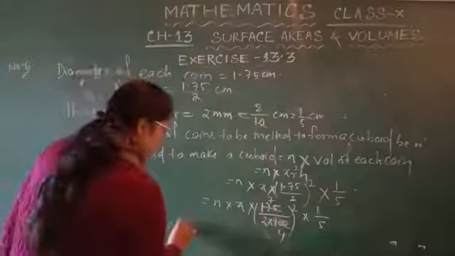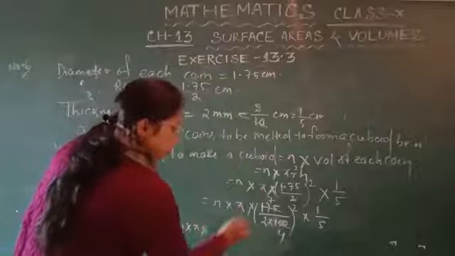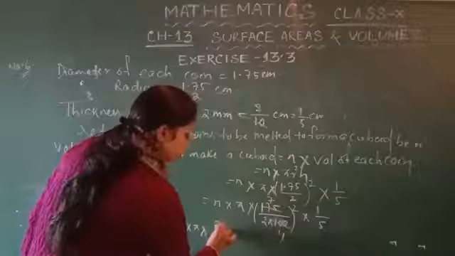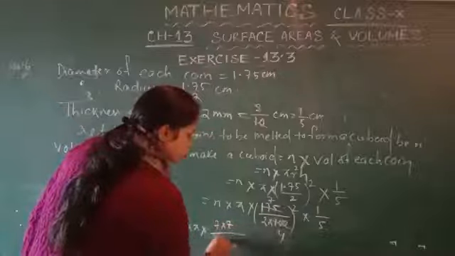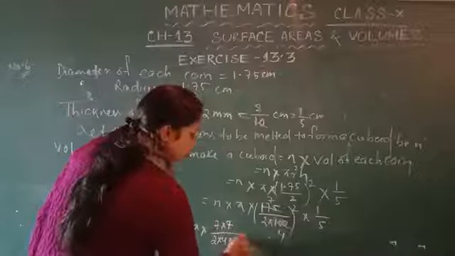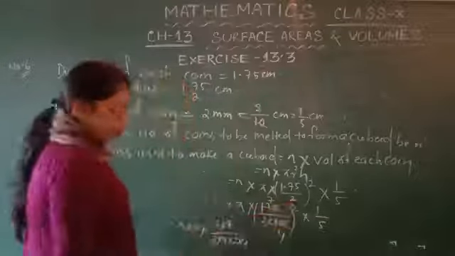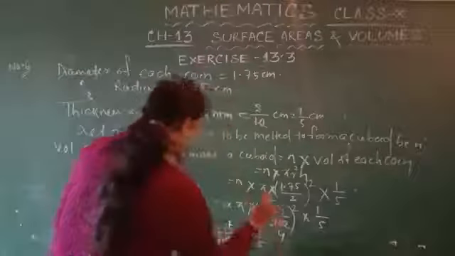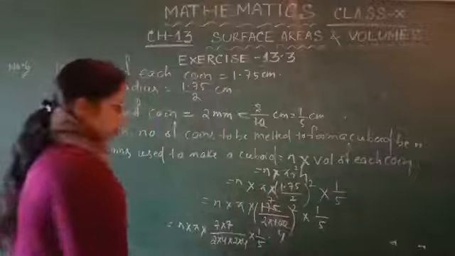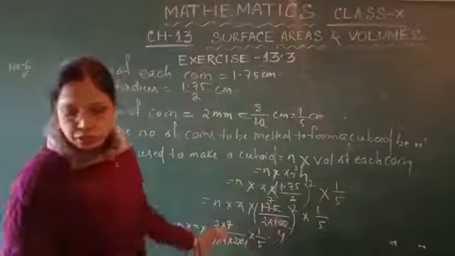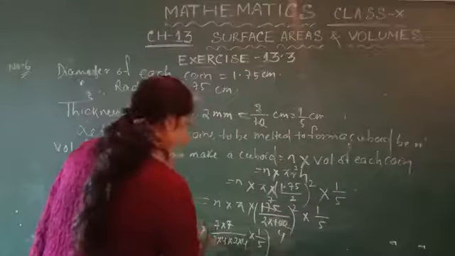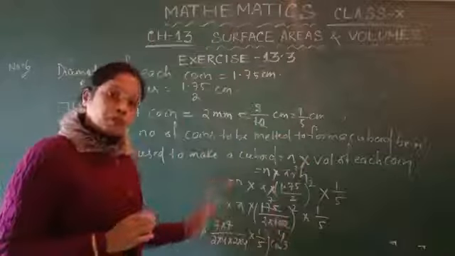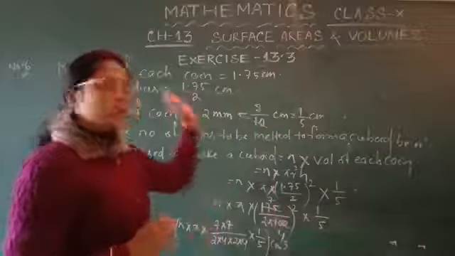Okay, so that is equal to n into pi into 7 upon 2 into 4 square, so that is 7 into 7 upon 2 into 4 into 2 into 4, because it is the square, so you multiply twice, into 1 upon 5. Okay, so this is the volume of the coins used to make the cuboid.